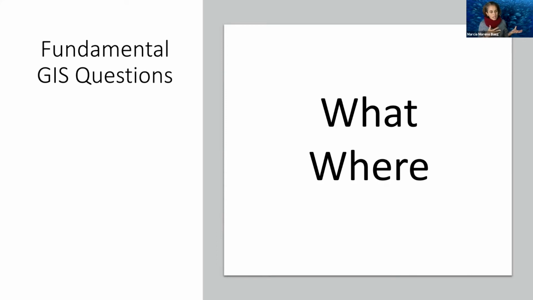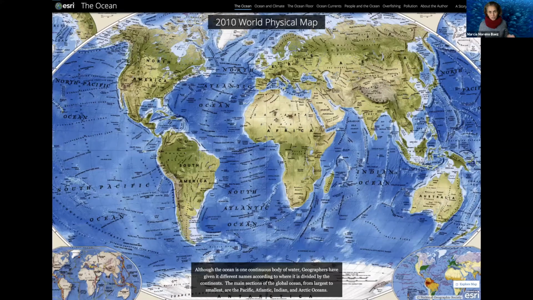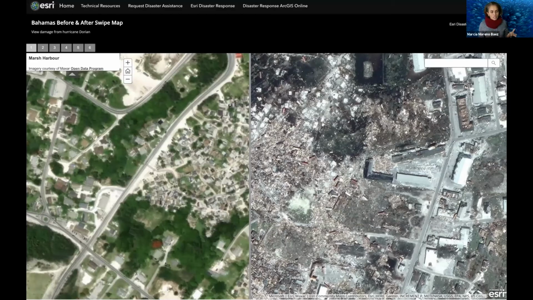But going back to how this technology can help us, well, geospatial technology brings a common spatial language, which are maps. Geospatial technology also provides a proven framework to measurement and analysis. This is an example of a map or an application of the Bahamas before and after the Hurricane Dorian.